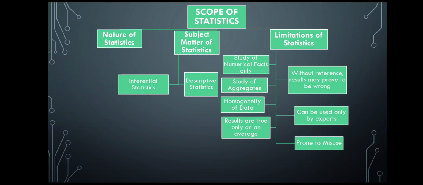Limitations of statistics are, first of all, it is the study of numerical facts only. It studies the aggregates only. Homogeneity of data has to be there, that is, uniformity of data has to be there. Results are true only on an average. Without reference, results may prove to be wrong. Can be used only by experts, and it is prone to misuse.